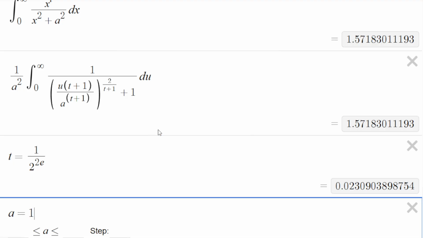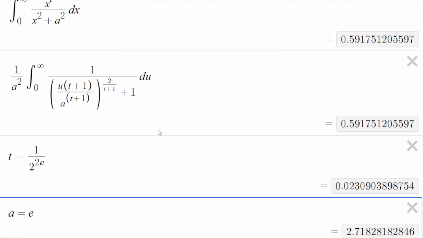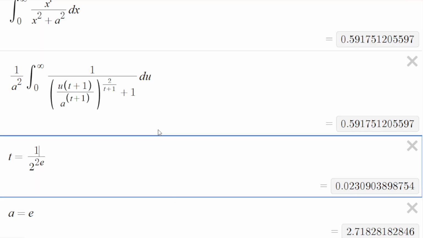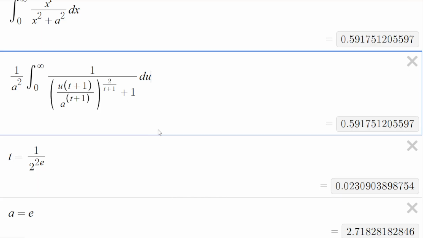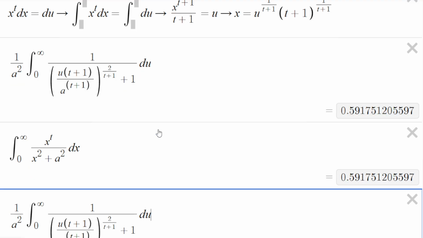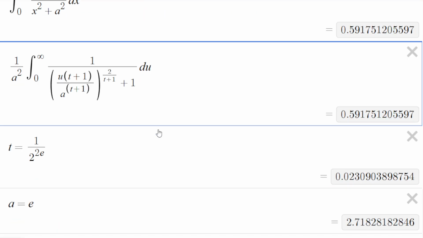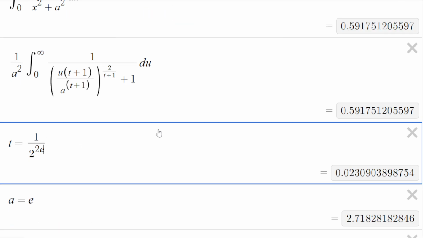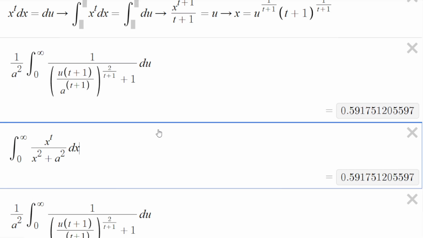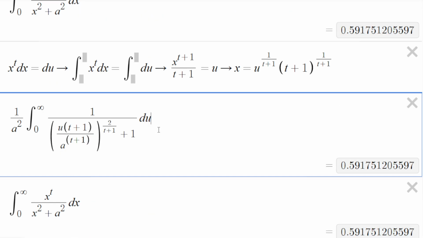And let's let our a equal e. All right, now let's make sure that these expressions do, in fact, match. So we are good. This expression right here is equal to this. So we have done the correct thing.